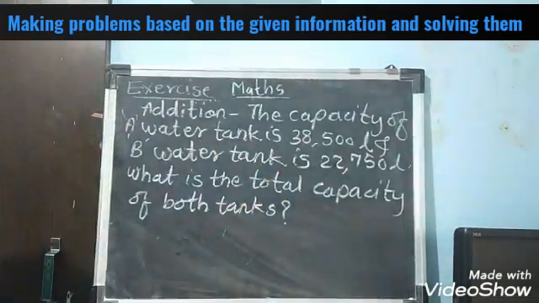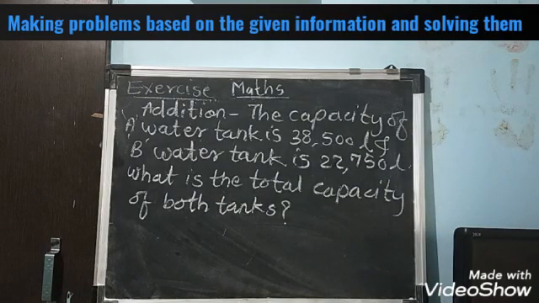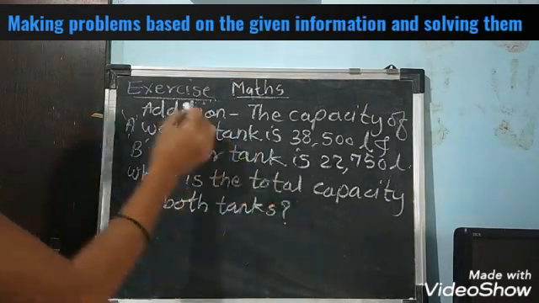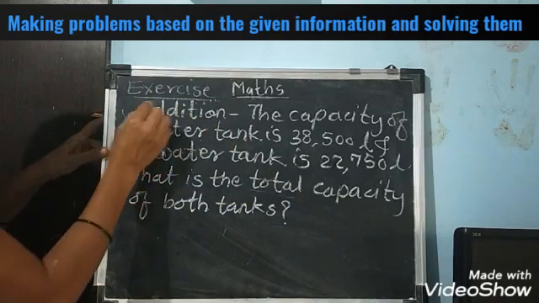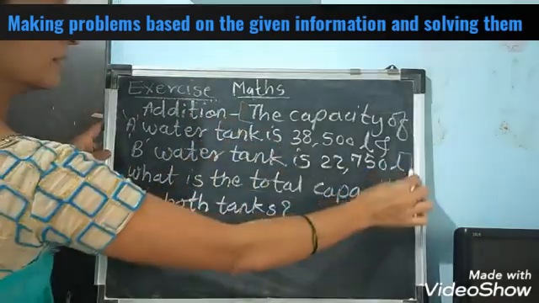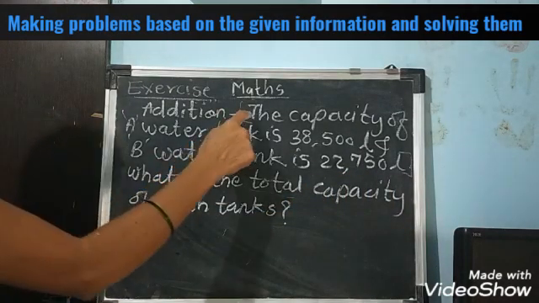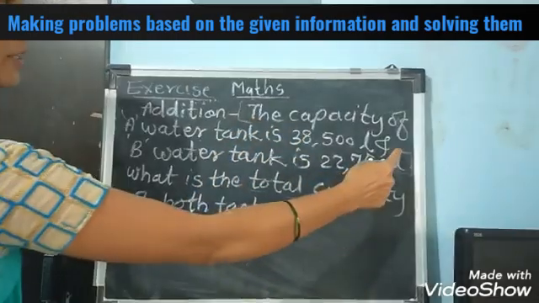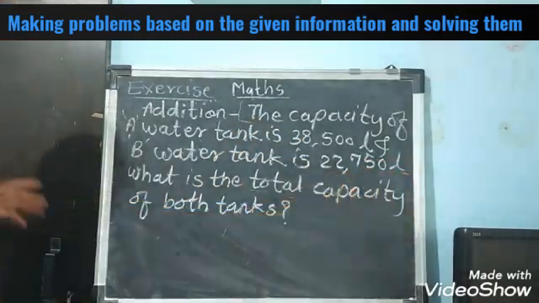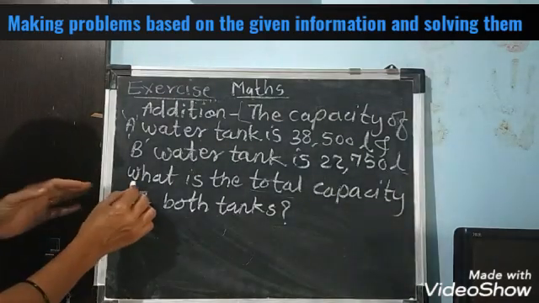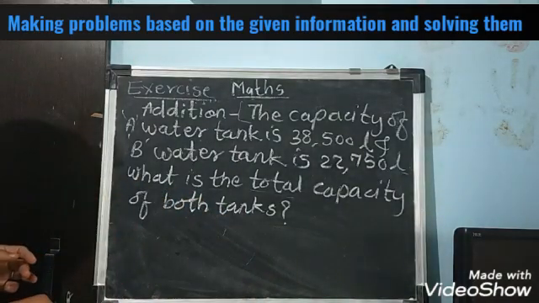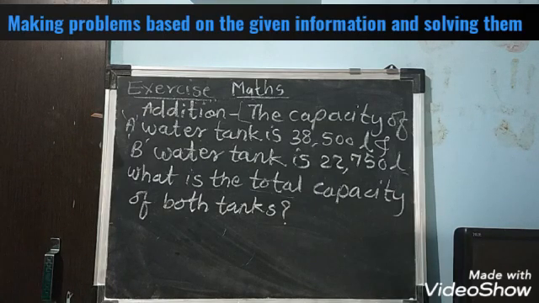And give a question mark here. See, here the word total I have used, so it is the example of addition. But from here till here, you can use the same sentences in the subtraction example. Just make changes here in the question and use the words which I have told you in the note for subtraction. Those words you can use in the question and make the example of subtraction.